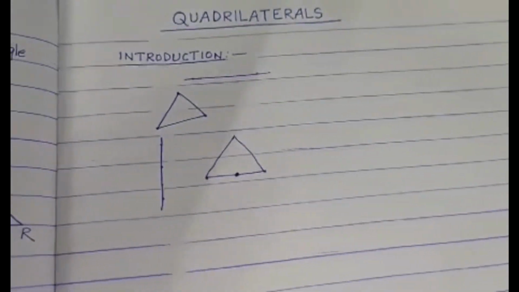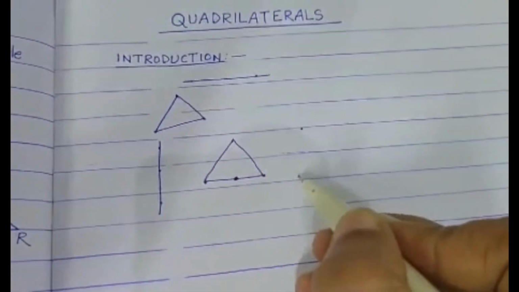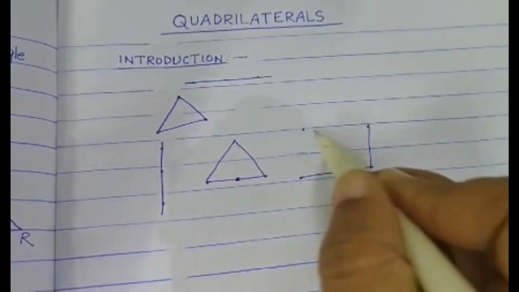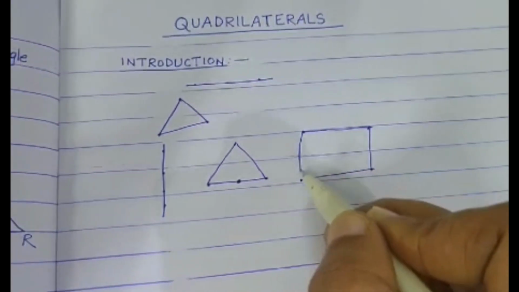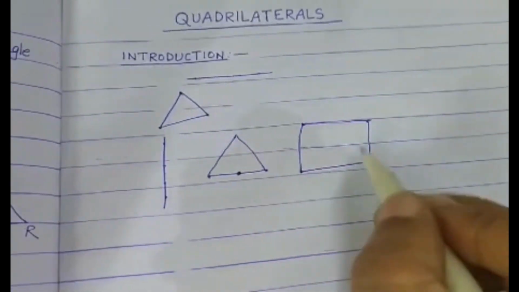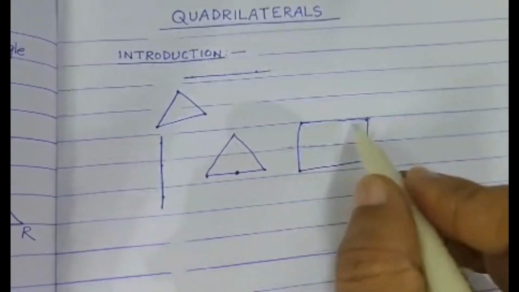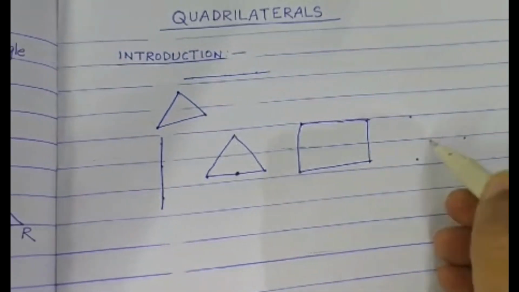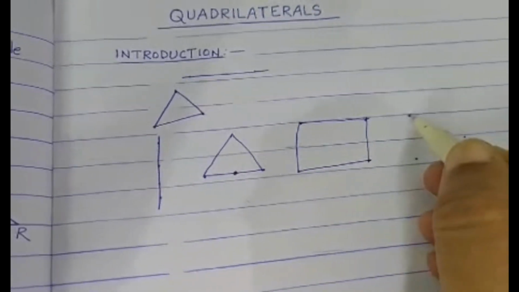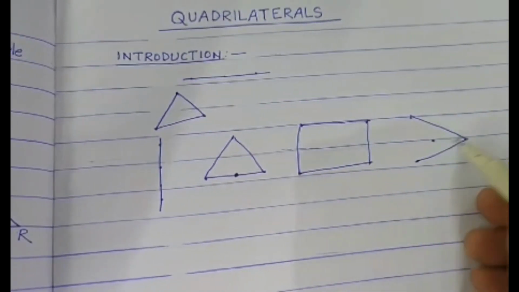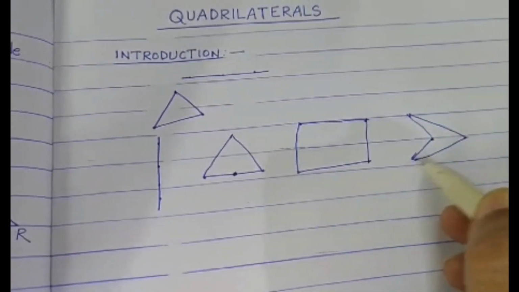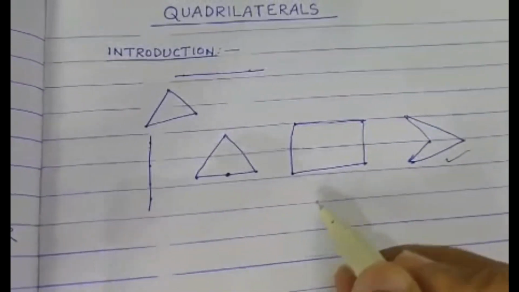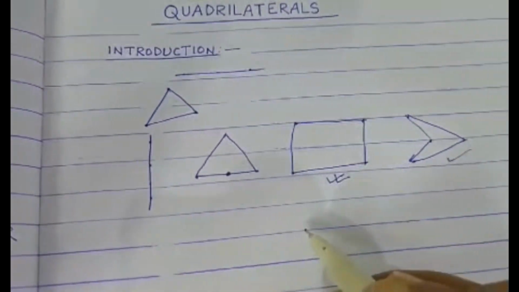The third case is when there are 4 points set in an order, so you get a closed figure, and this is what we call a quadrilateral. One more type of quadrilateral is this one, where you join 1, 2, 3, 4 like this.